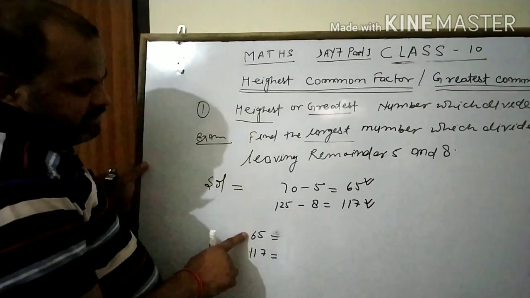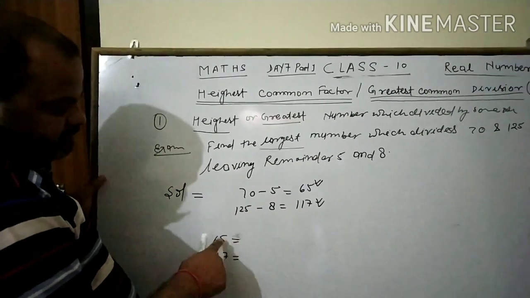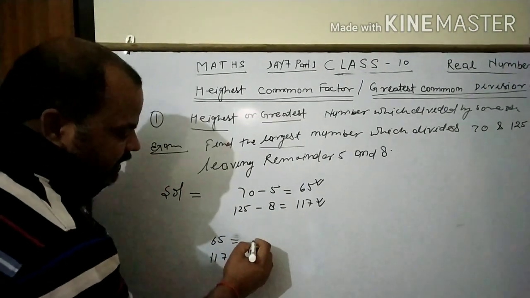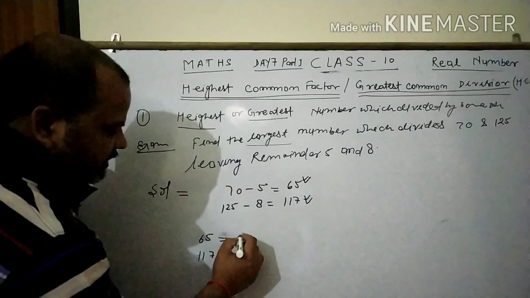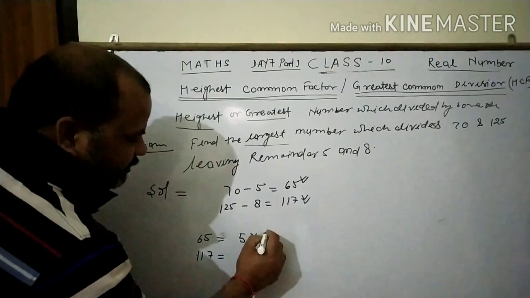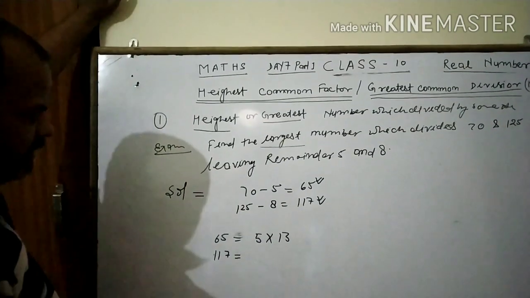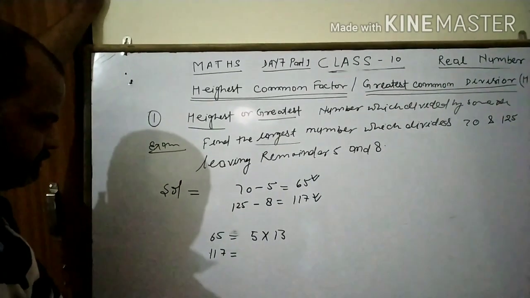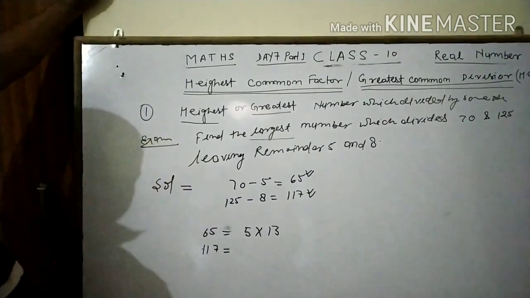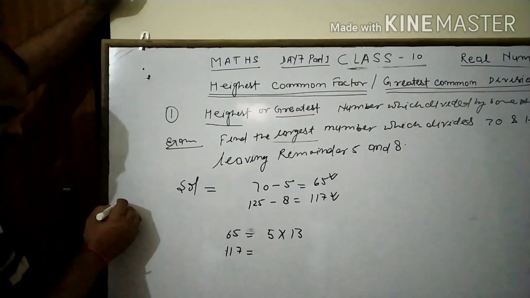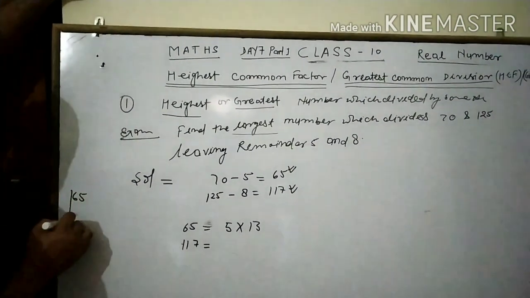Then 65: 13 fives are 65, so it is written as 5 into 13. In the same way 117: first of all you can find its prime factors.